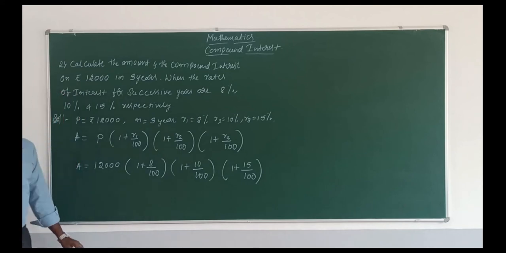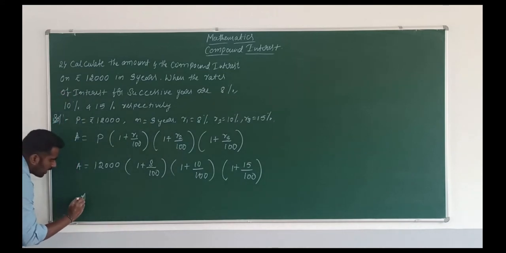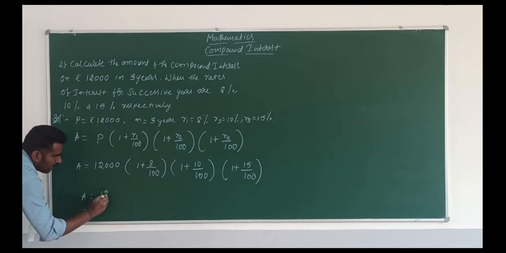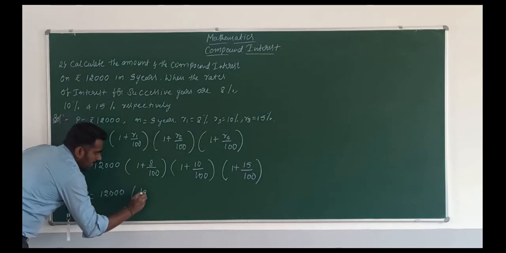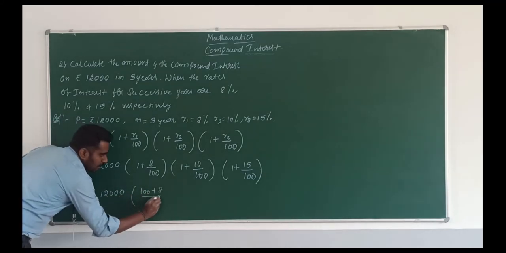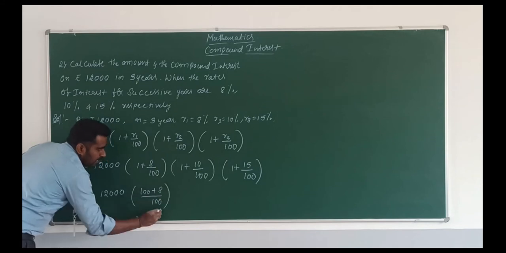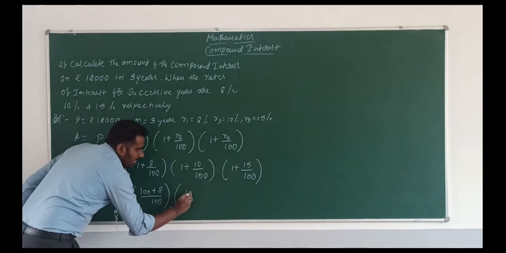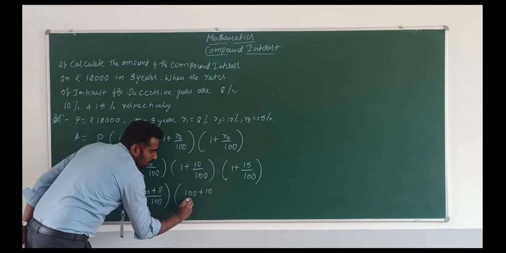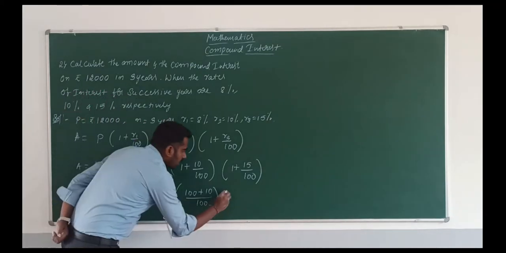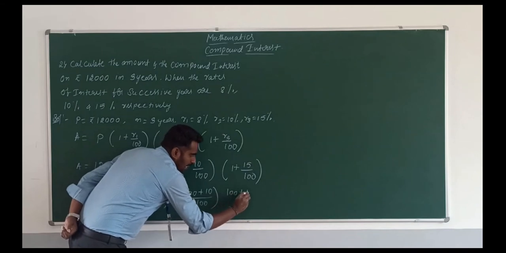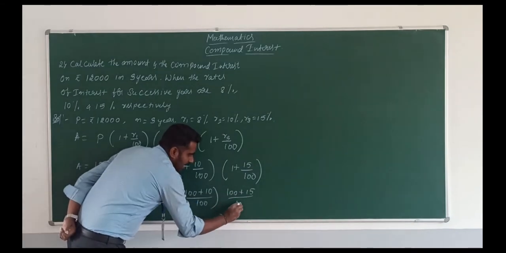Now we have to take the LCM. So A is equal to 12,000 into 100 plus 8 by 100 into 100 plus 10 by 100, and similarly the last one is 100 plus 15 by 100.